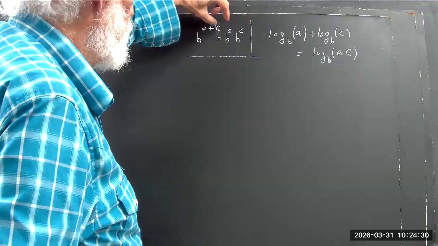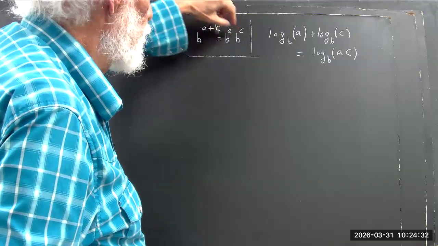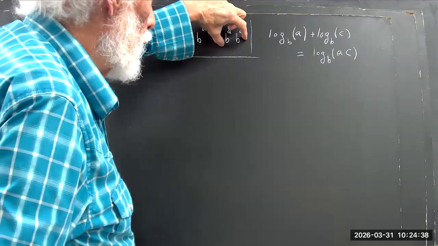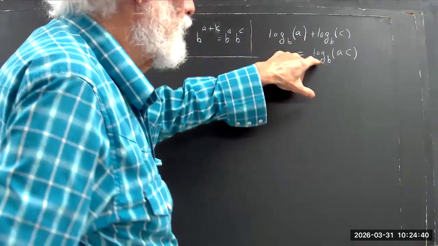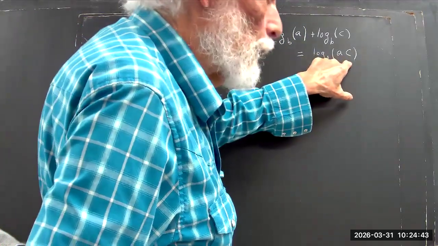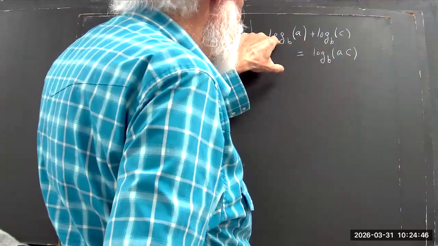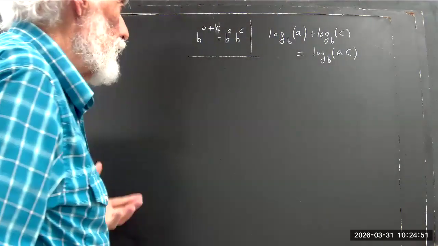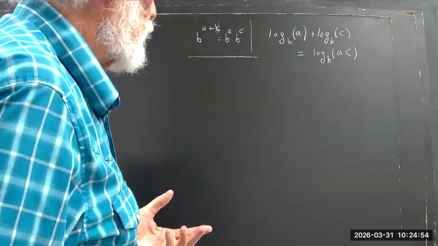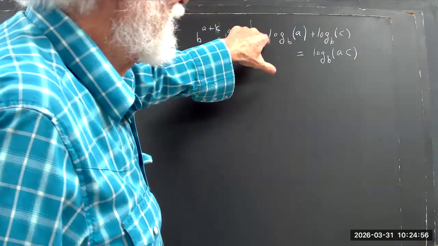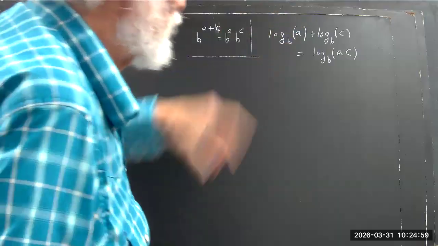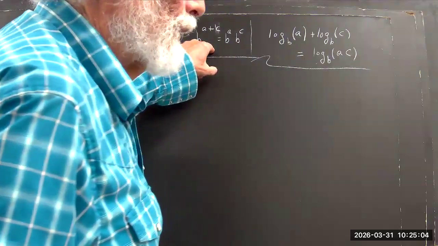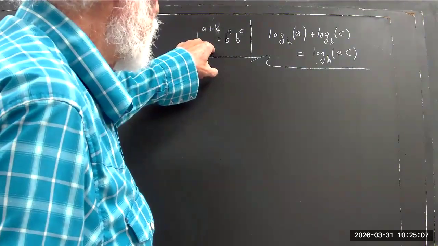On the other side, we have the product of b to the a and b to the c. So we have an expression with a sum in it that becomes a product. Here, the right-hand side is a log of a product. We started with a sum of two logs. So it shouldn't be surprising that something like this might happen. This is the rule. It's related to this rule of exponents, which should be familiar to you.